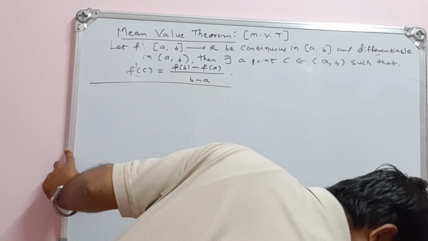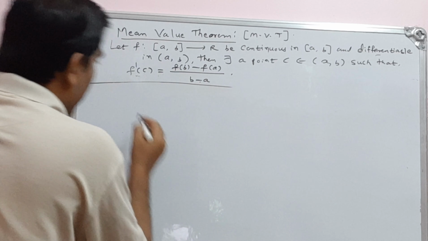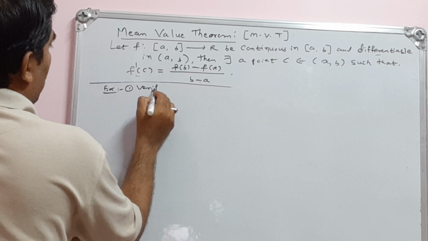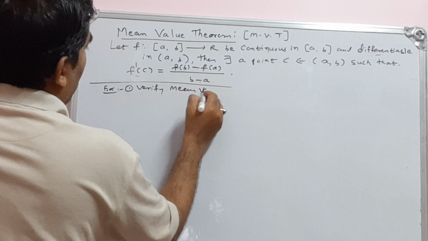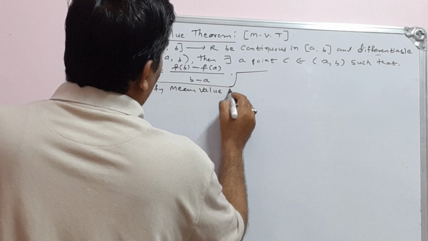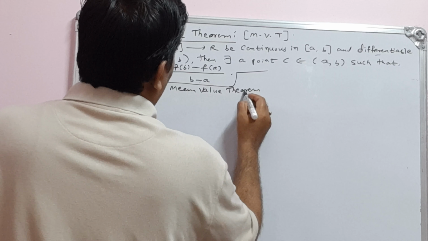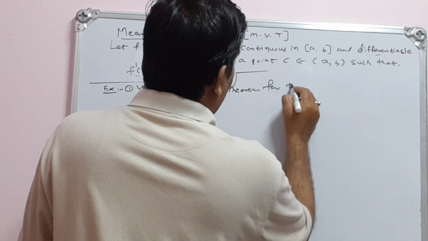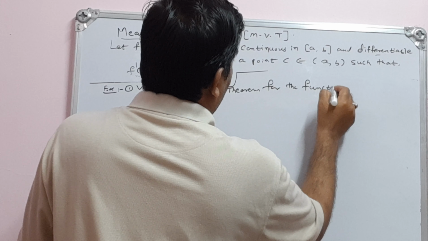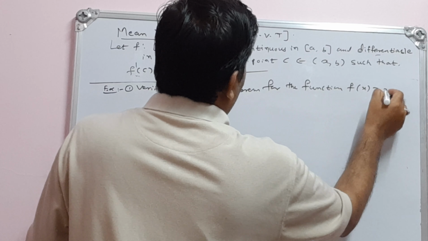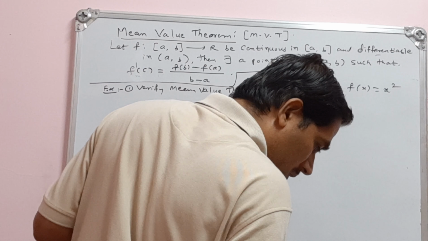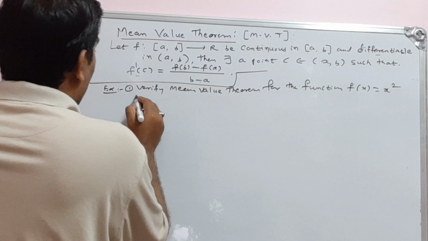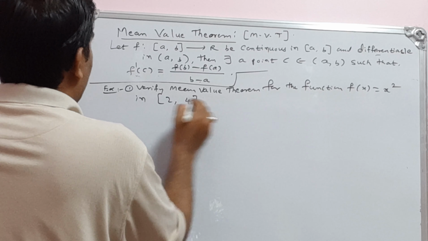So let us take this one on the mean value theorem. Verify the mean value theorem for the function f of x is equal to x square in the interval 2 comma 4.